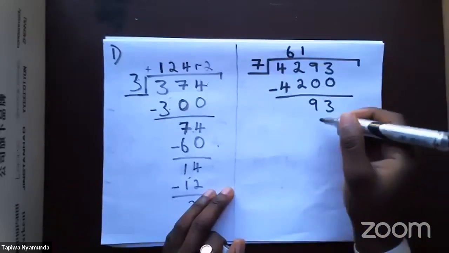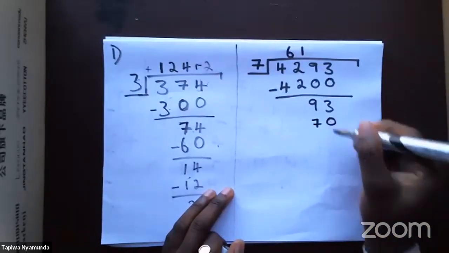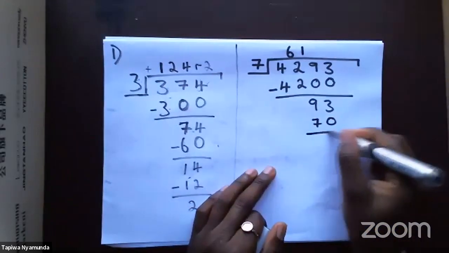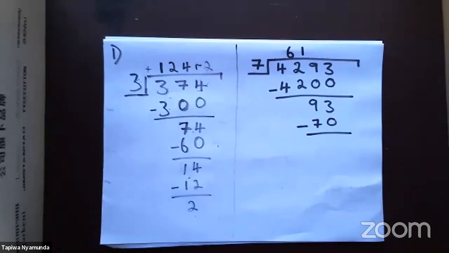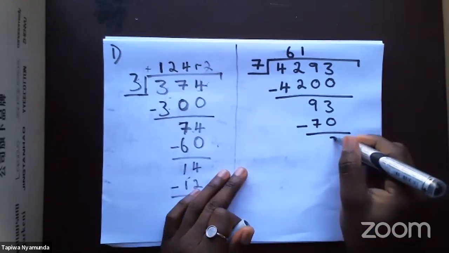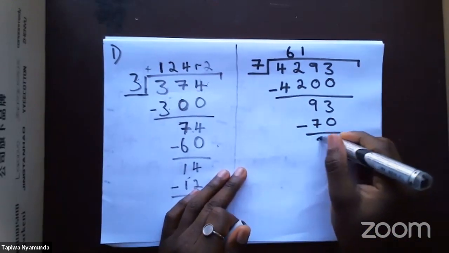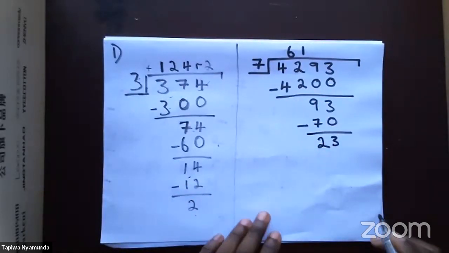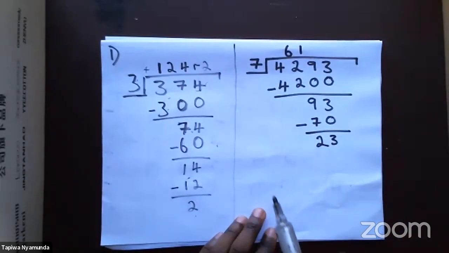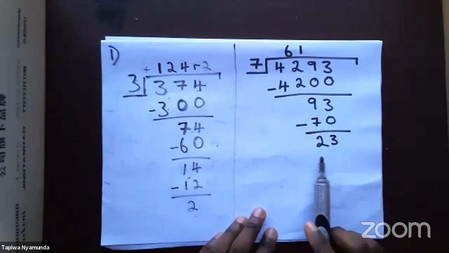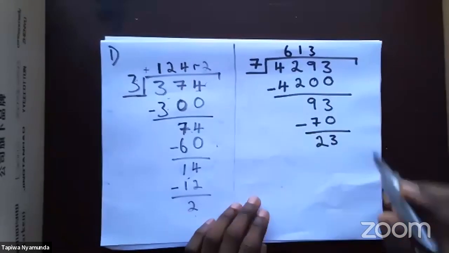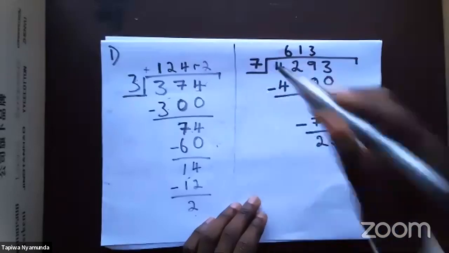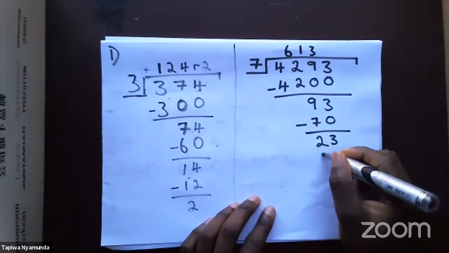Then 1 times 7, I get 7, so it is going to be 93 minus 70, which gives 23, like that. Then I say 7 into 23. I'll get a 3 here. Then 3 times 7, what do I get? I get a 21.